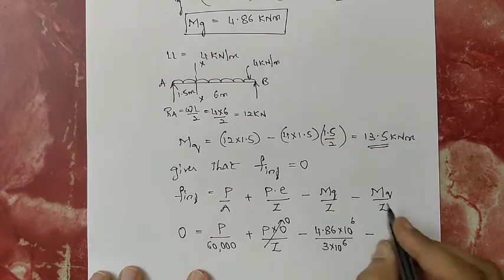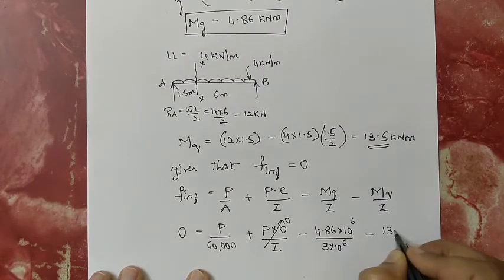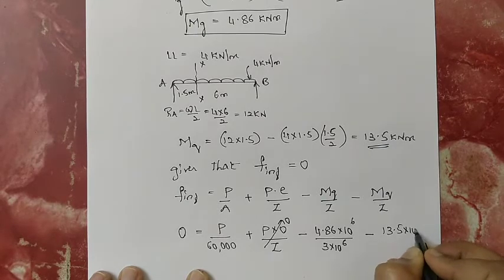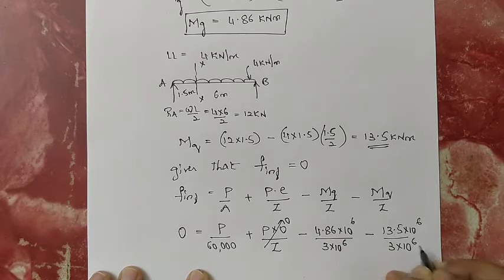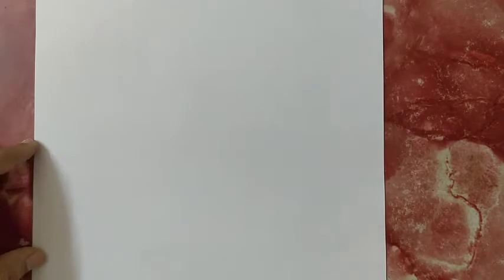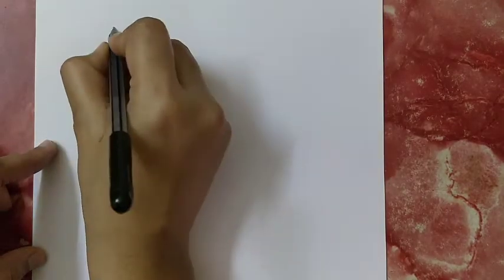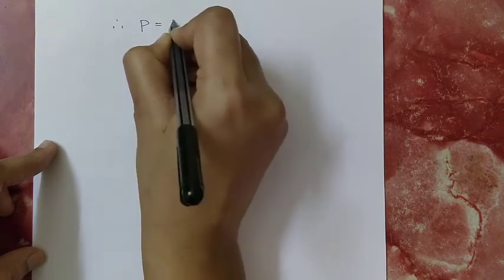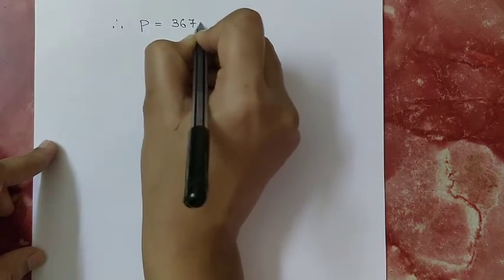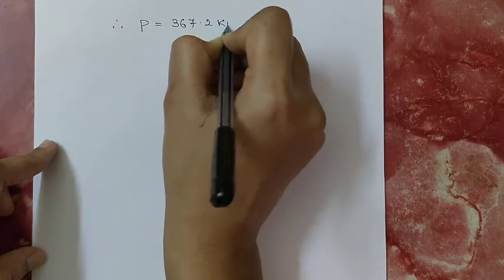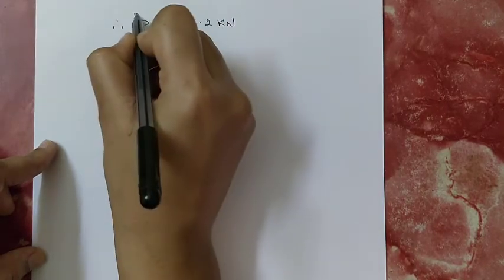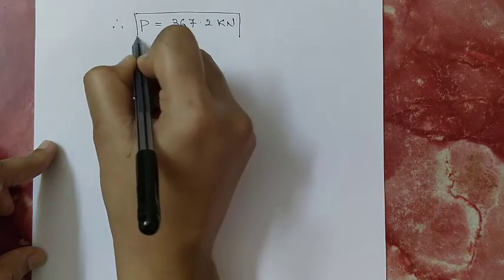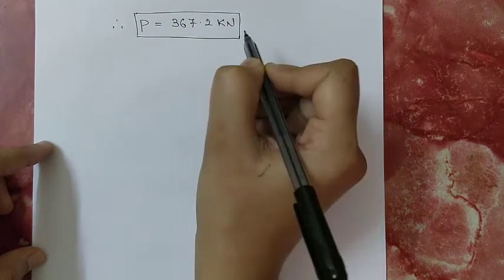Next minus MQ, that is 13.5 into 10 to the power of 6 divided by 3 into 10 to the power of 6. Upon simplification, you will get the concentric pre-stressing value as 367.2 kilonewton. This is the magnitude of concentric pre-stressing force.